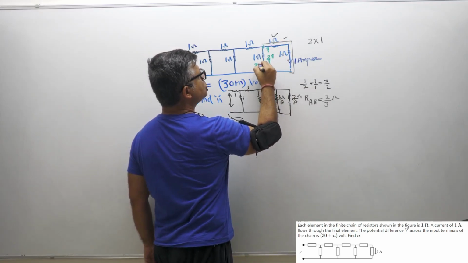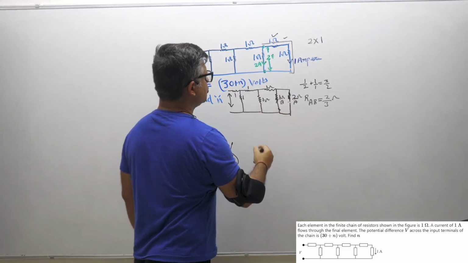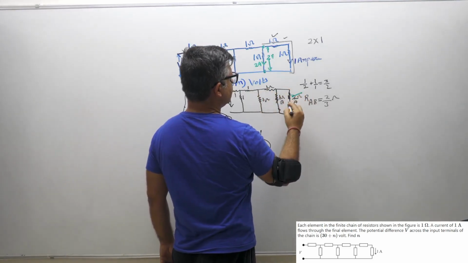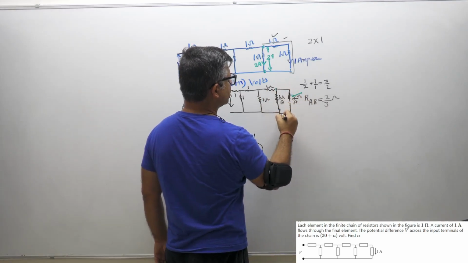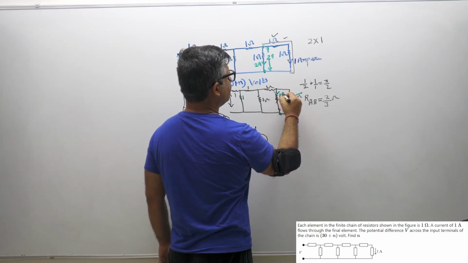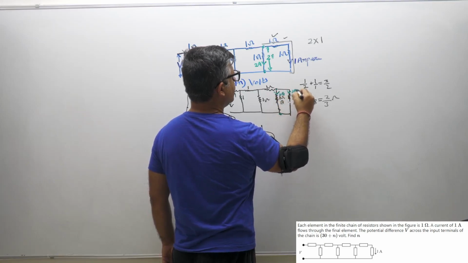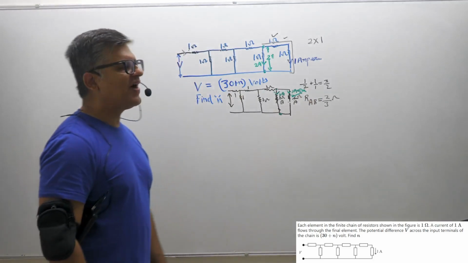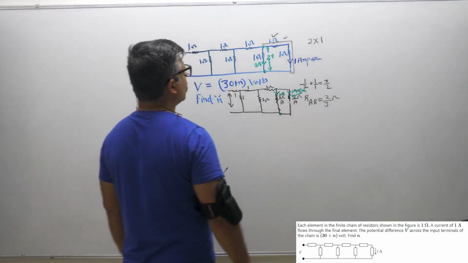So this is 2 amperes again. You know the potential is 2 volts, this is 1 ohm, so this is 2 amperes, and this was 1 ampere. So you're able to find the value of the current also here.